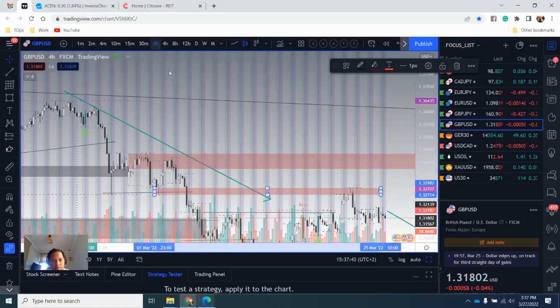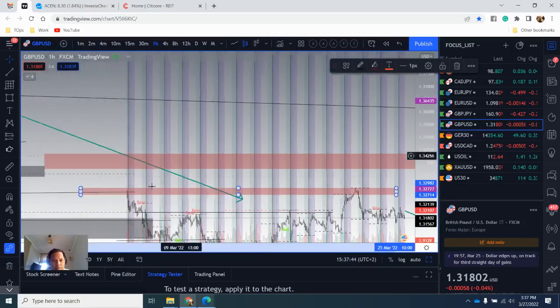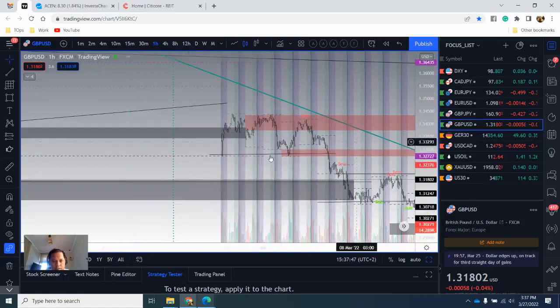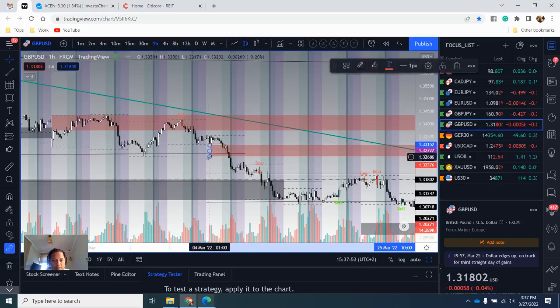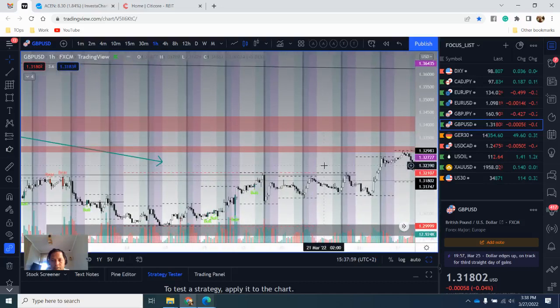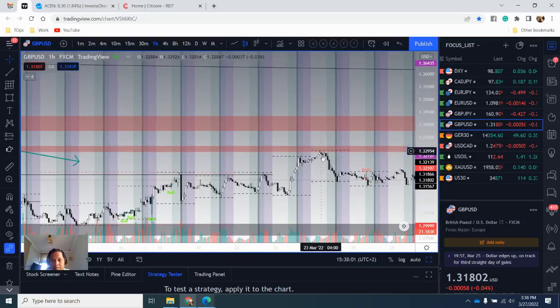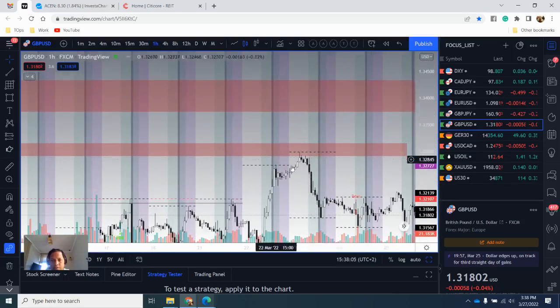Why? If we go to the 1-hour chart, you'll see there is actually an order block sitting here before the break of structure. So price tapped that order block and formed a short opportunity.